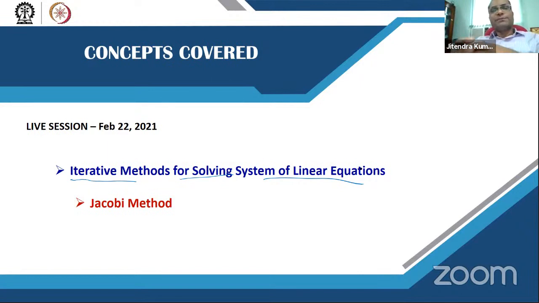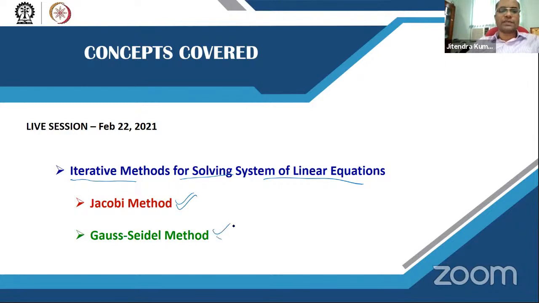Here we will brief some basic methods for solving such systems of linear equations. There are two very fundamental methods, Jacobi and Gauss-Seidel. The main point discussed in this lecture is convergence, which is very important.